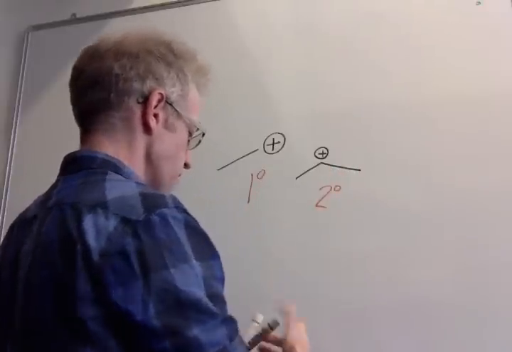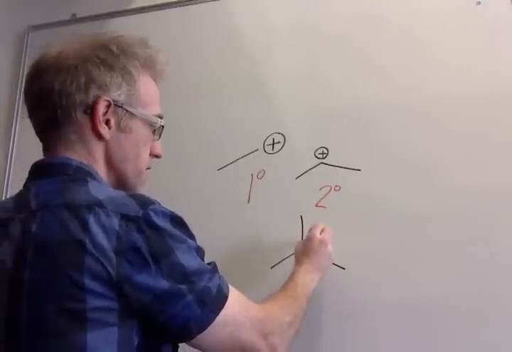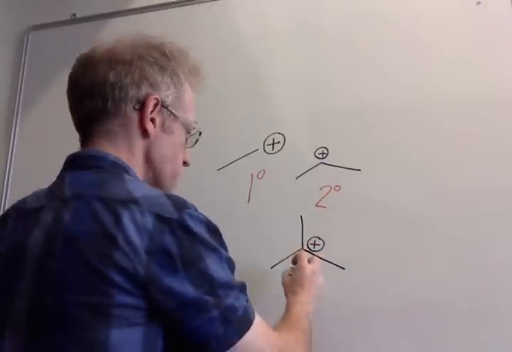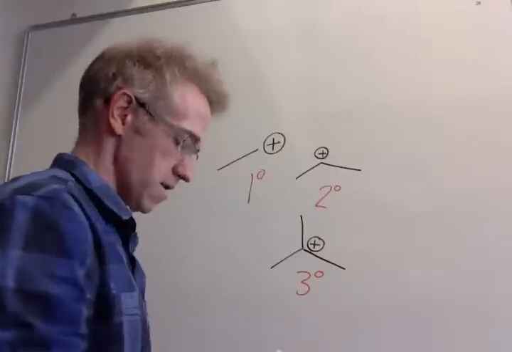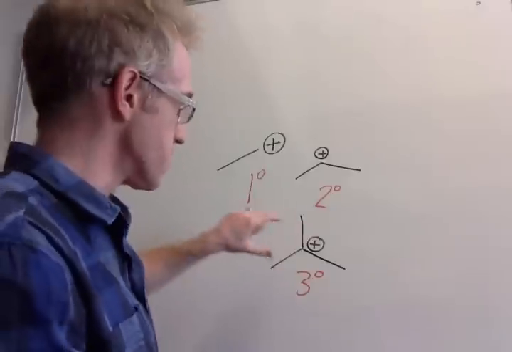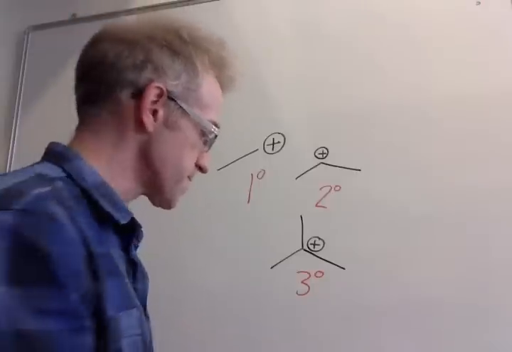And in the case of a tertiary carbocation, what we mean is we have a positive charge with 3 alkyl groups attached to it. So this would be our tertiary carbocation. There's no such thing as a quaternary carbocation, so it's just primary, secondary, and tertiary. And we've been through the fact that the tertiary are more stable than the others.